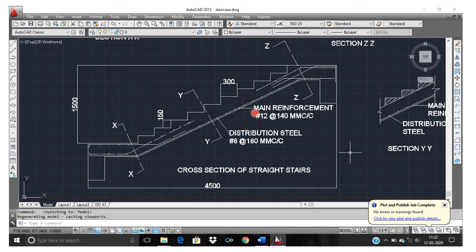Now, if we consider this diagram, this is a waist slab of 230 mm thickness.